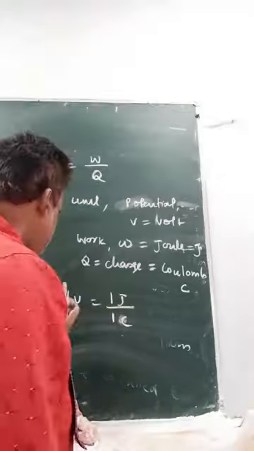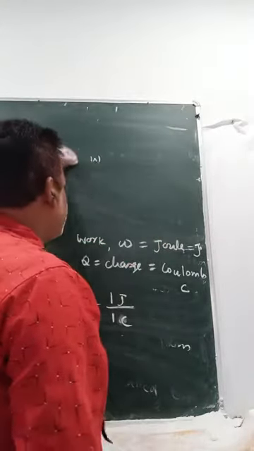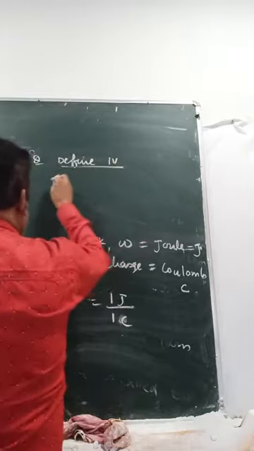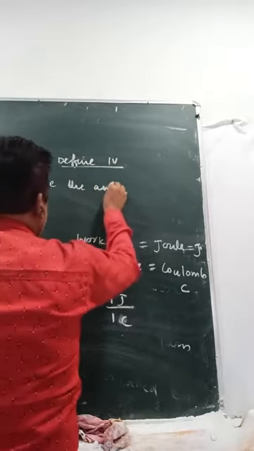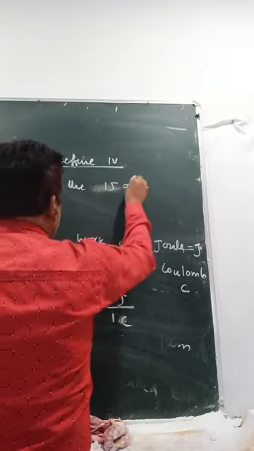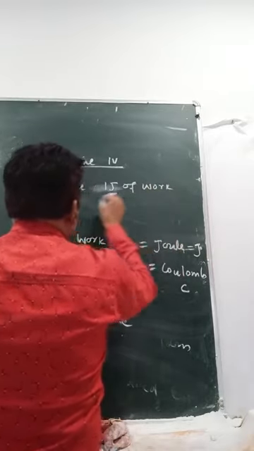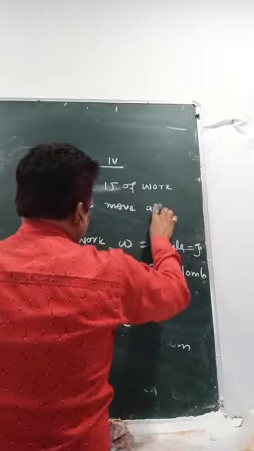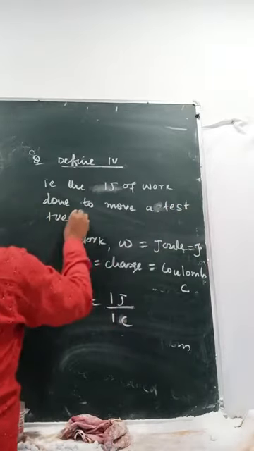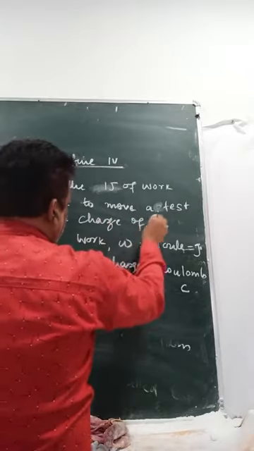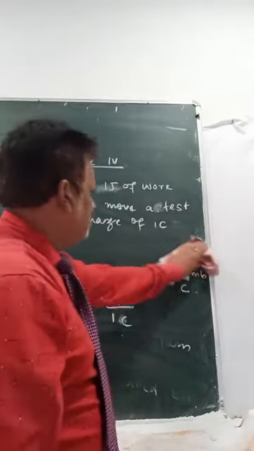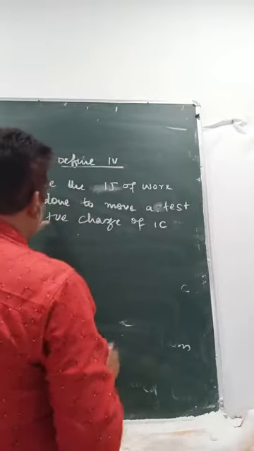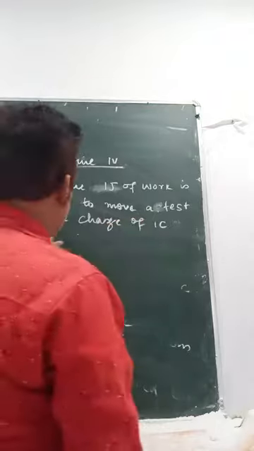So how will you define 1 volt? One volt is the potential required when 1 joule of work is done to move a test positive charge of 1 coulomb.